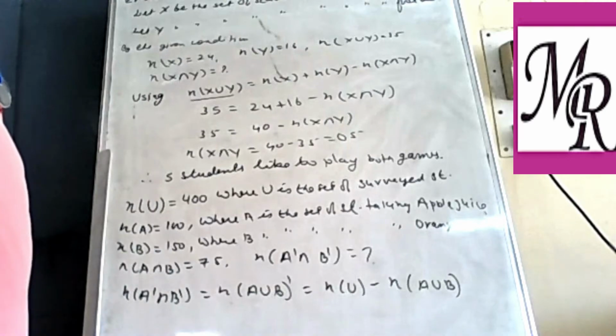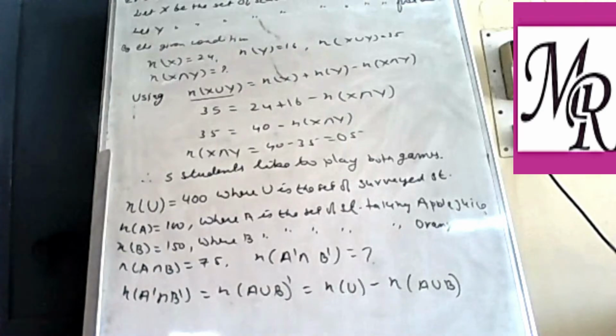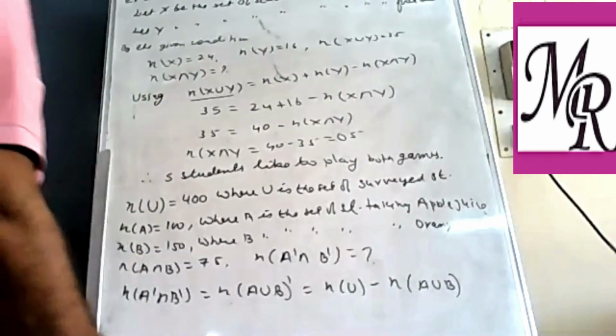Again we are using the formula: n of A union B whole complement is equal to number of elements in U minus number of elements in A union B. Now we can use the formula.